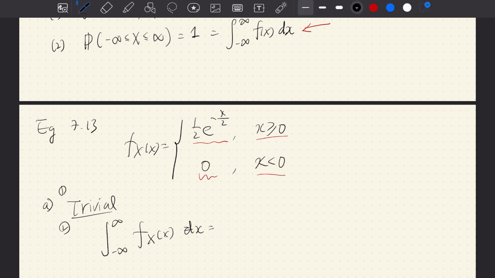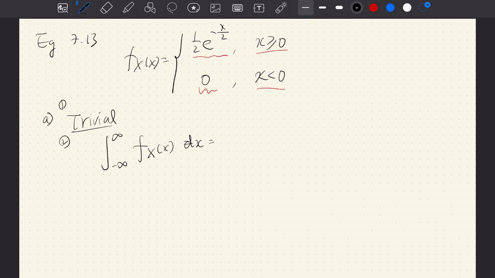Because f_X(x) is defined using a piecewise definition, we can split this integral into two parts: one part from negative infinity to 0, and the second part from 0 to infinity.